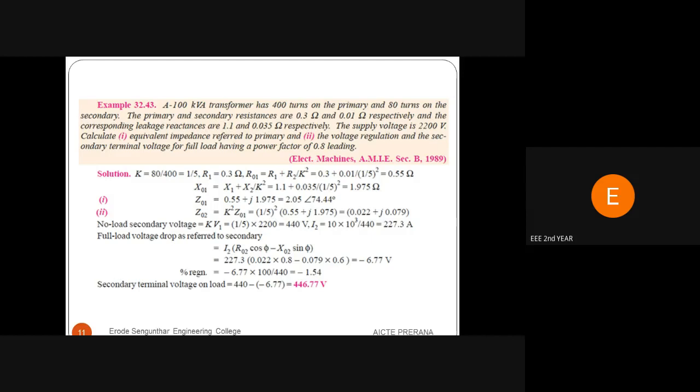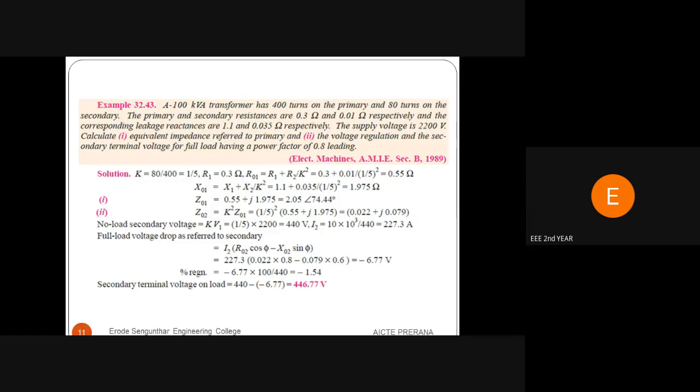Secondary winding resistance R2 equal to 0.01 ohm. Primary winding reactance X1 equal to 1.1 ohm, and secondary reactance equal to 0.035 ohm respectively. The supply voltage V1 equal to 2200 volts. So we determine these things.